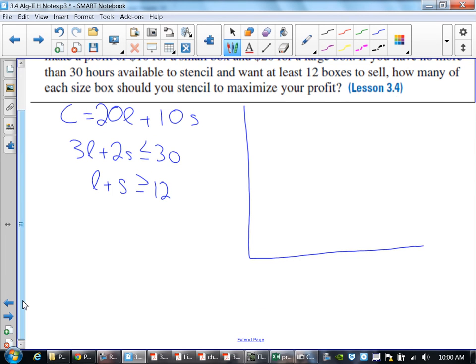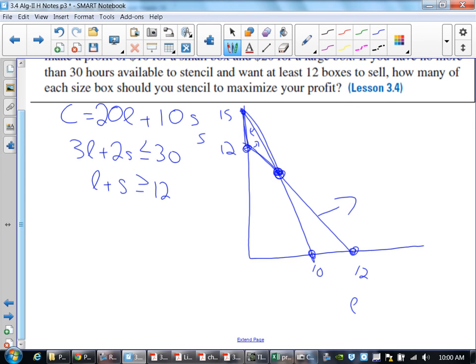So I'm 12 and 12. I'm 10 and 15. So this is my L. Here's 15. Here's 10. The 12 and 12 we're moving outward. The 10 and 15 we're moving inward. So I'm in this triangle here.